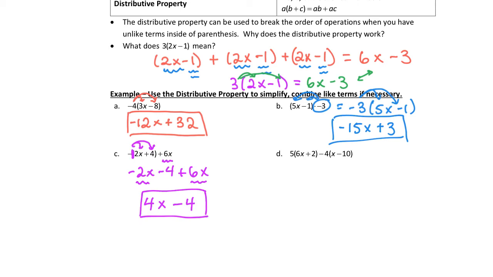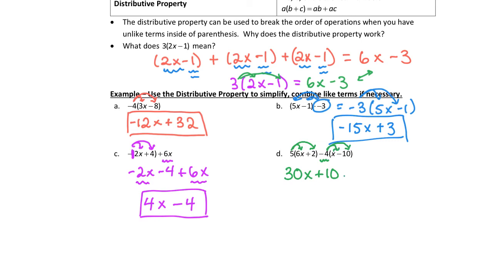Finally, I have a very complicated one where I need to distribute twice. I have two groupings of distribution here, not just one. So for the first grouping, I'm going to multiply that 5 to the 6x and the 5 to the 2. So 5 times 6x is 30x, 5 times 2 is 10. Then I also have, and this is where you need to be very careful, this is a negative 4. So even though we would say minus 4, that negative stays with the 4.